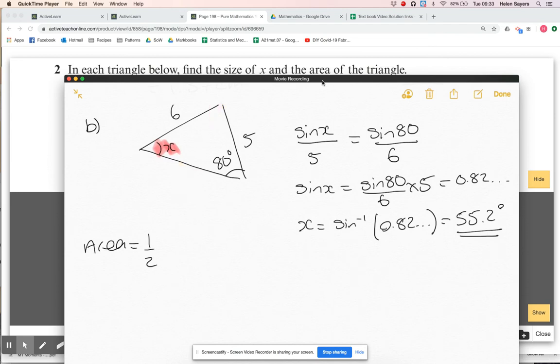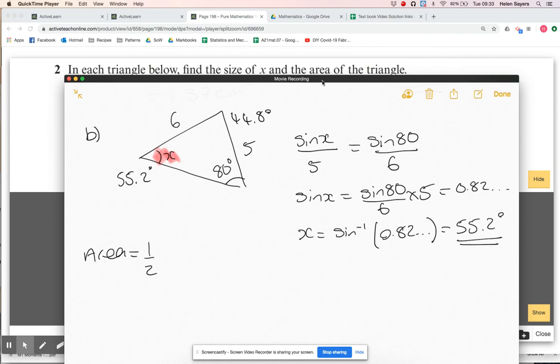And I would say it's a lot easier to find the angle, because now I know that that is 55.2. I can just do 180 minus that, minus 80, and get the third angle that I need. So I think that's definitely the easiest way to go there. So that's that angle there.